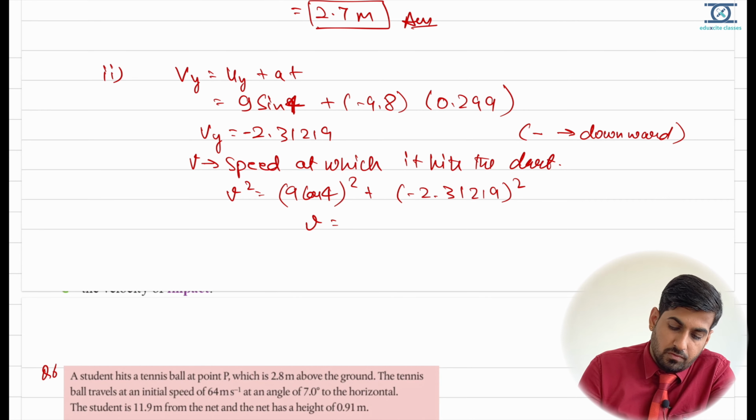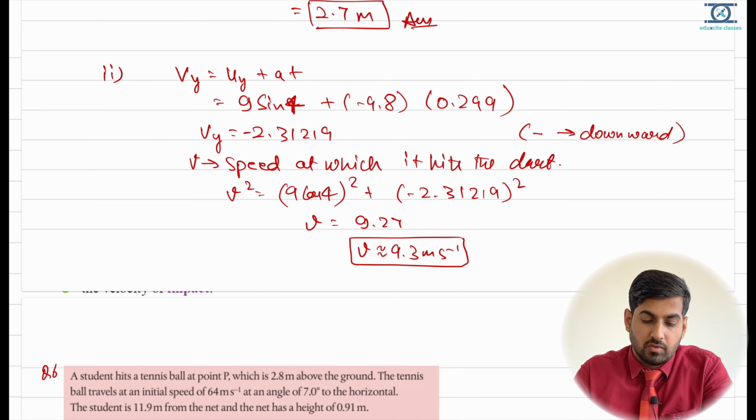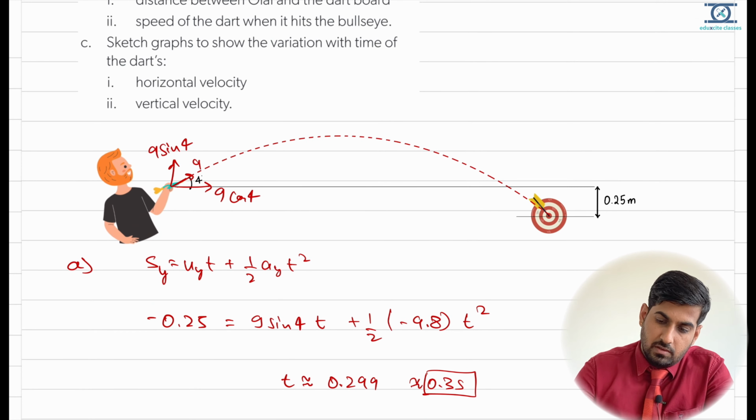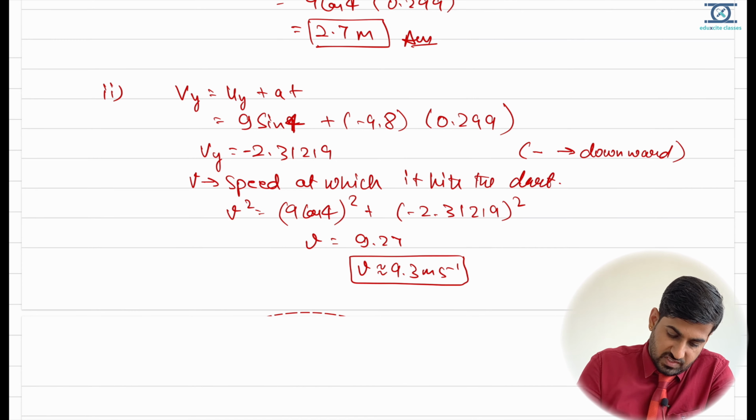So if you solve for V, you will get the answer as 9.27, which is 9.3 meter per second. So I hope it is quite clear for the B second part. Let me add a new page. Now the C part.